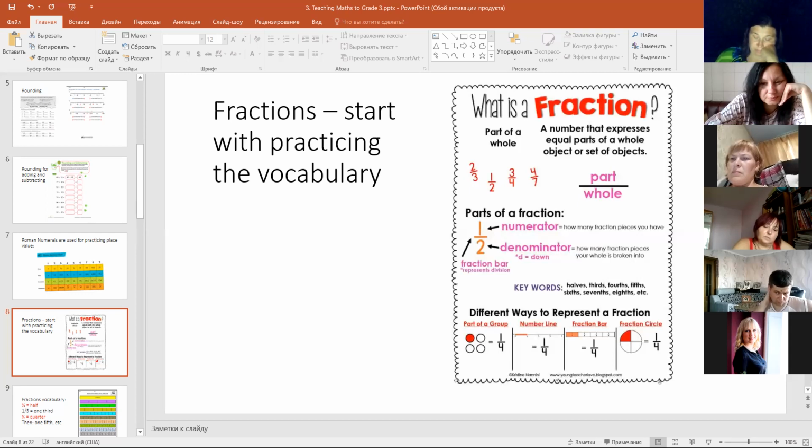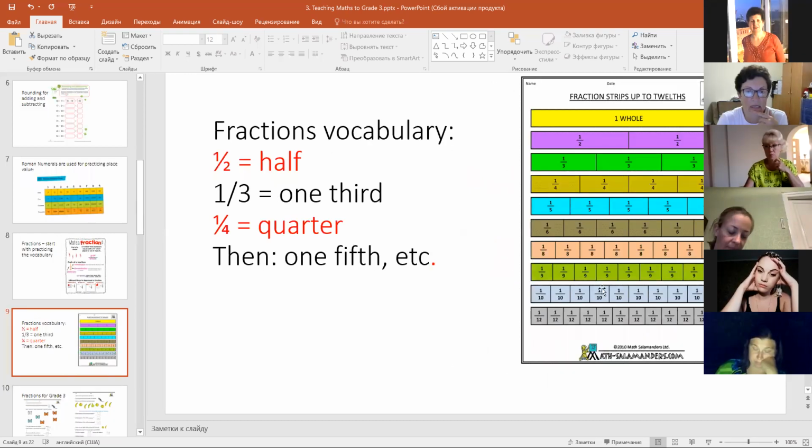Yeah? We see it in timing, and so on and so forth. So when we think about fractions, we need to start with the vocabulary. Vocabulary is important.